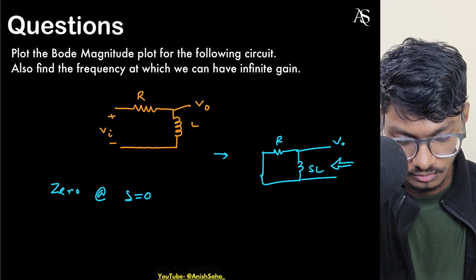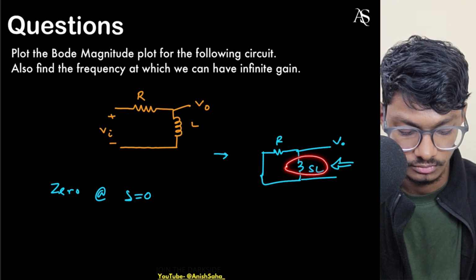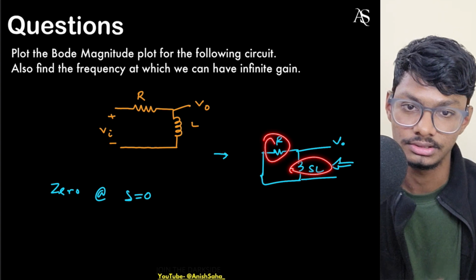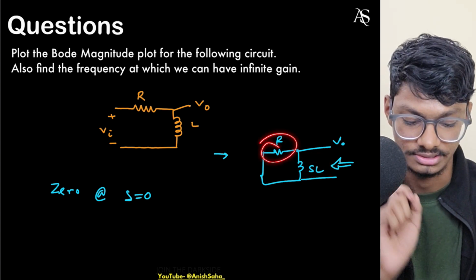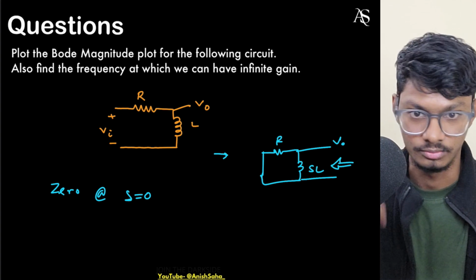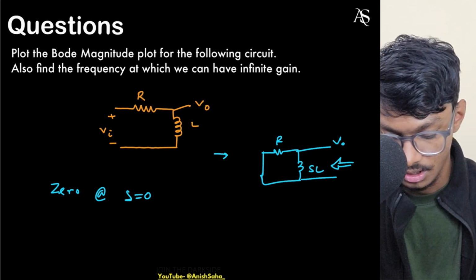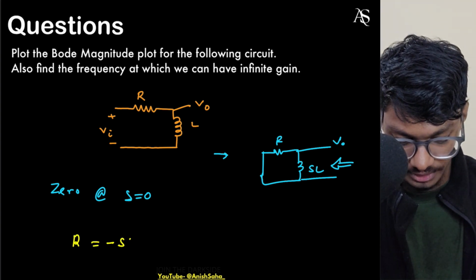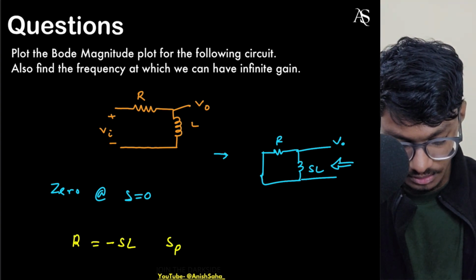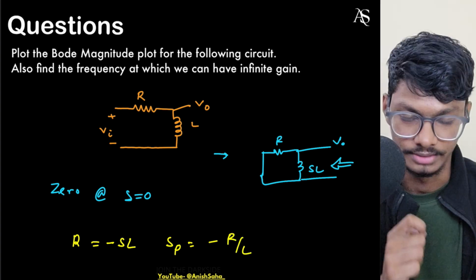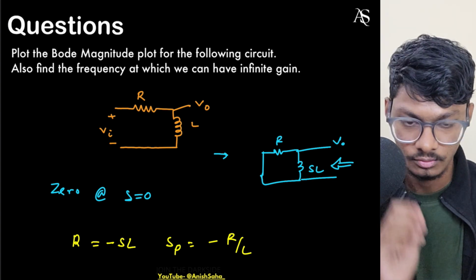If there are two impedances in parallel and one is the negative of the other, then this becomes infinite impedance. All this I have explained in the video on realizing poles and zeros intuitively, and I'll put that video link in the comments below. So now this has to be R equals minus sL, so s_p will be equal to minus R by L. So I have a single pole at R by L, because this is a first order circuit and I will have only one pole.